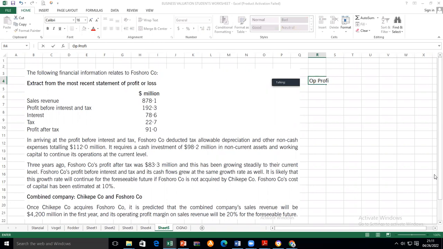Operating profit. So once we take operating profit, what should we do? Let's start. And then what do we do?